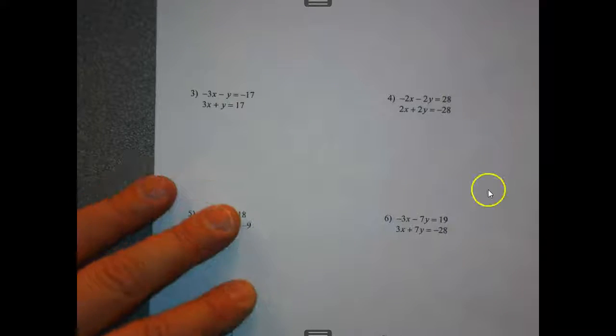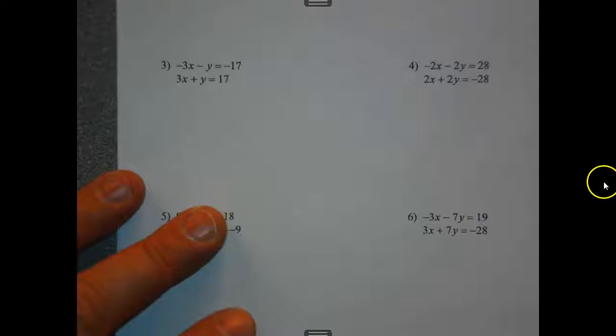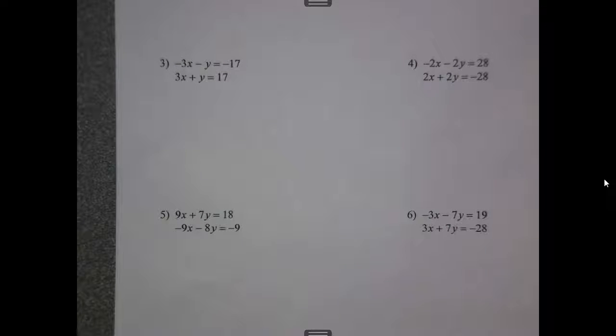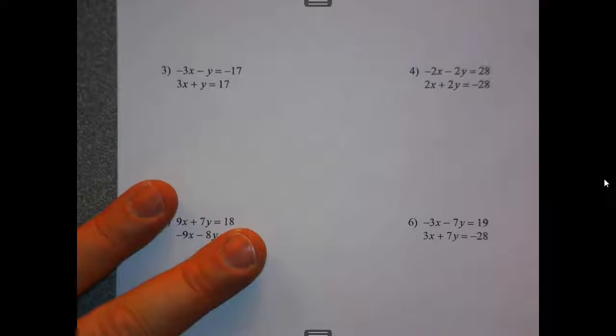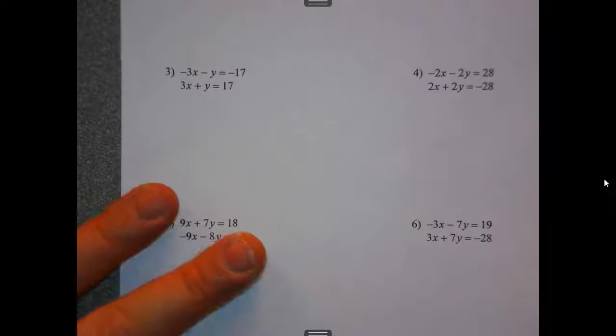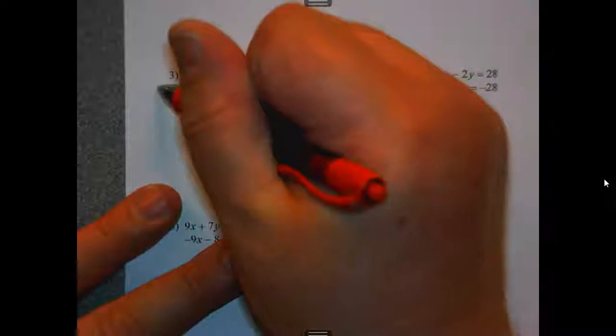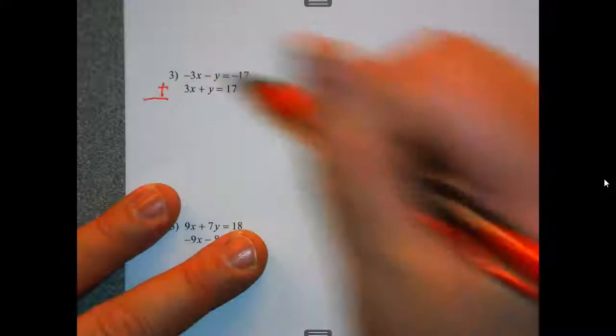I'll do number 3 because everybody wants an example. Again, step 1, line up your x's and y's, which I have. Step 2, add the equations together.